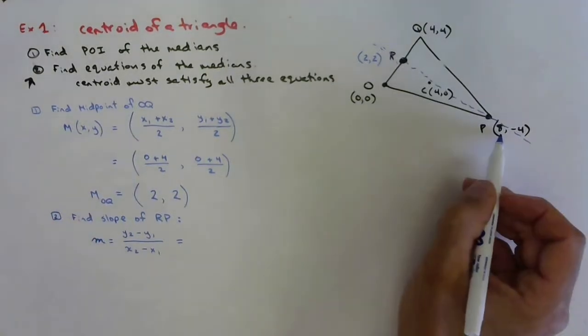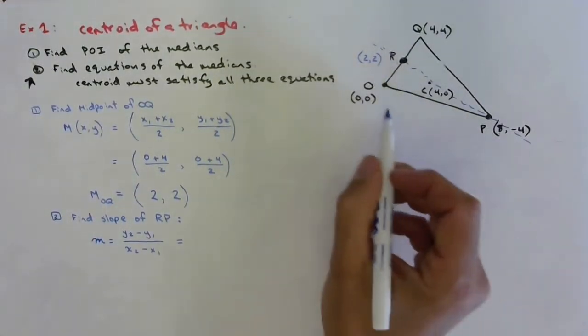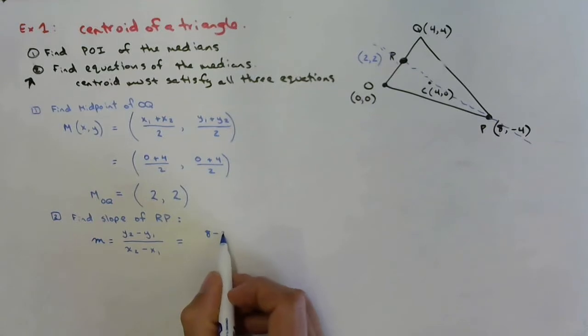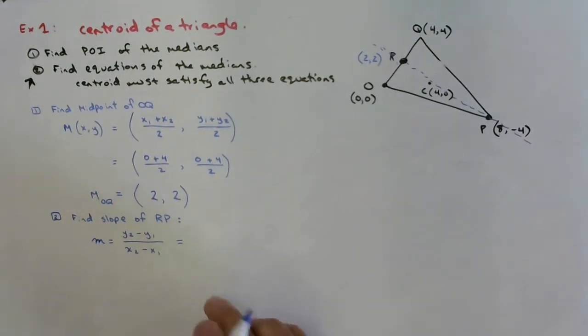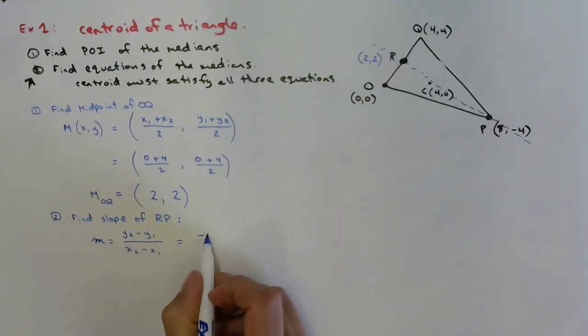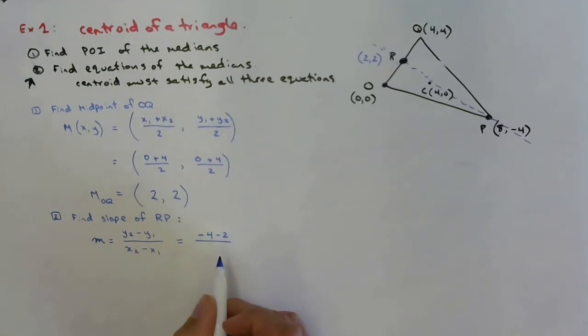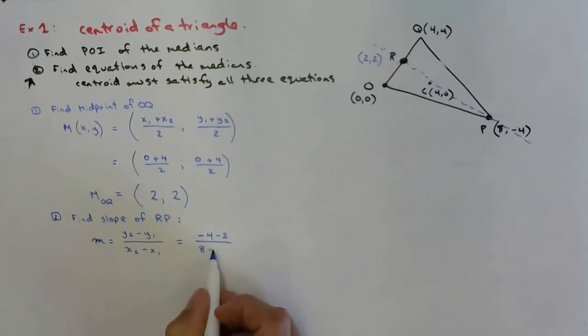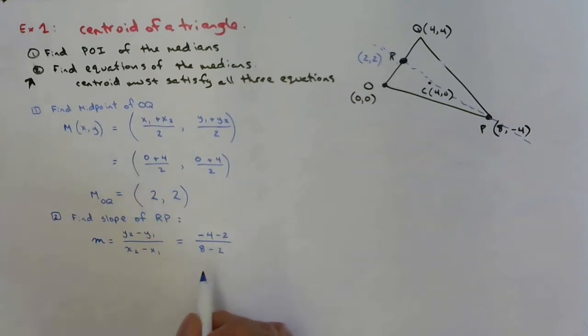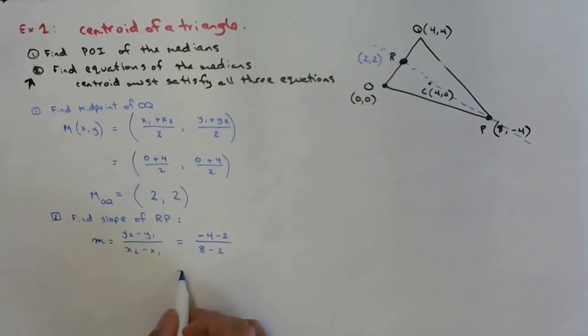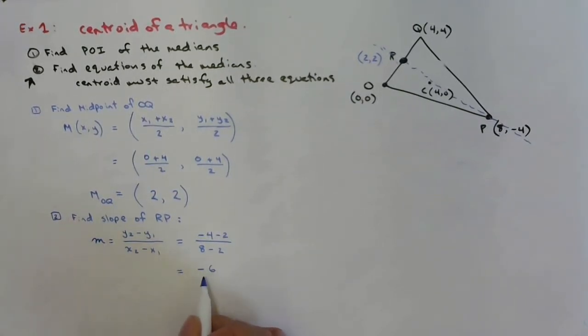I'm going to go with P take away R, so I've got 8 take away 2 in the top. Sorry, that's a typo. I've got negative 4 take away 2 in the top, and I have 8 take away 2 in the bottom. That's going to give me negative 6 over positive 6, which reduces to a slope of negative 1.